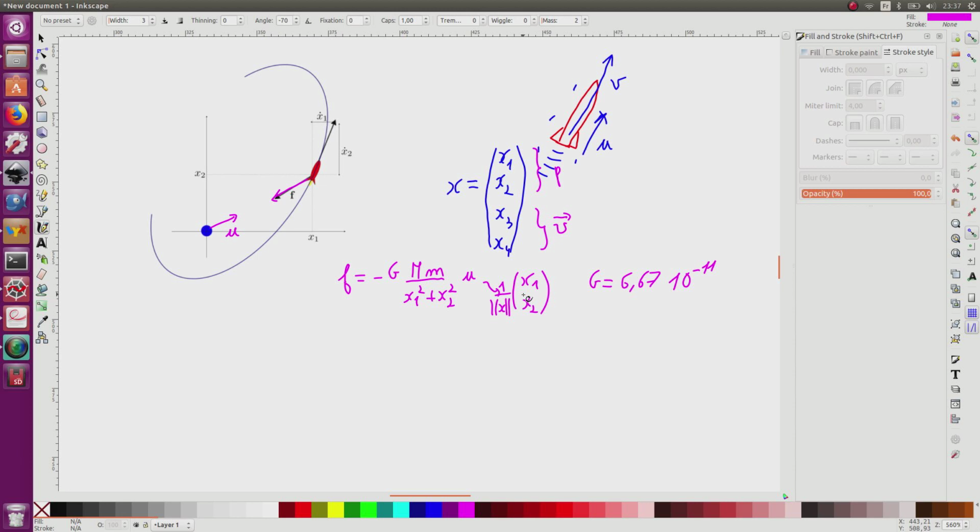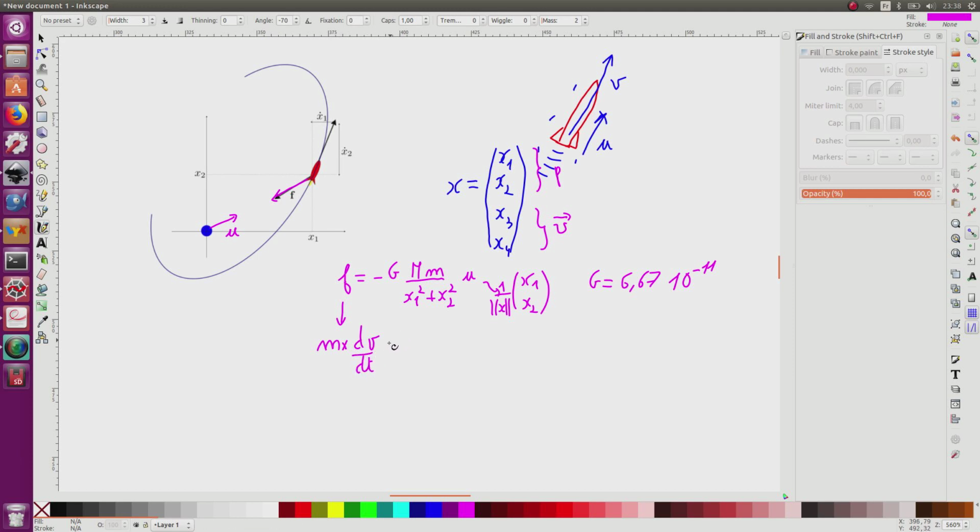So I am also able to write that F, due to Newton's second law, is equal to the mass multiplied by the acceleration, the derivative of the speed vector v divided by t.